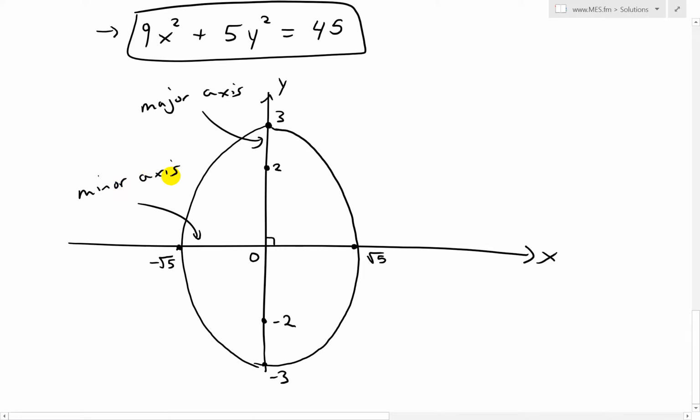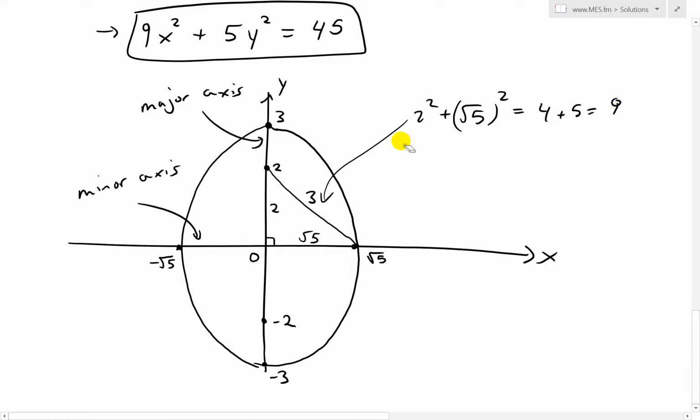And also recall that you could use Pythagoras right here. So this distance is square root 5, this distance is 2. This means at this point right there, this must be 3, because you'll have 2 squared plus square root 5 squared equals 4 plus 5 equals 9, and that's the same thing as writing 3 squared, like that.